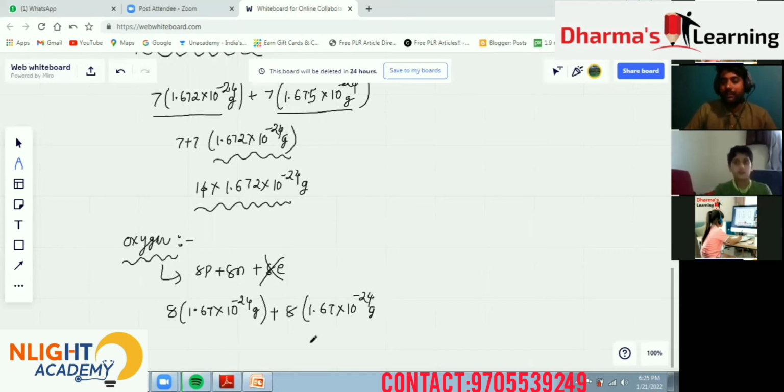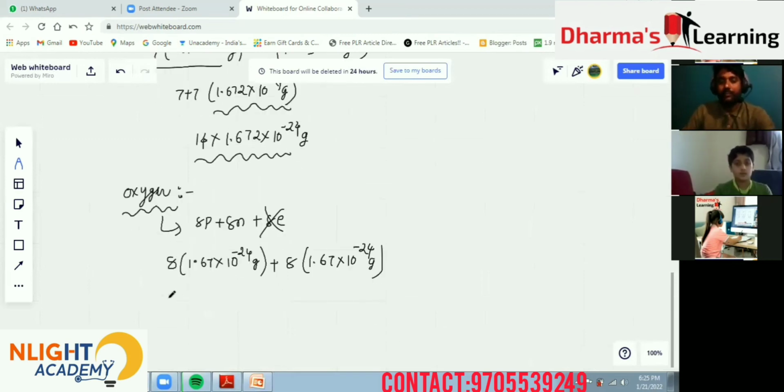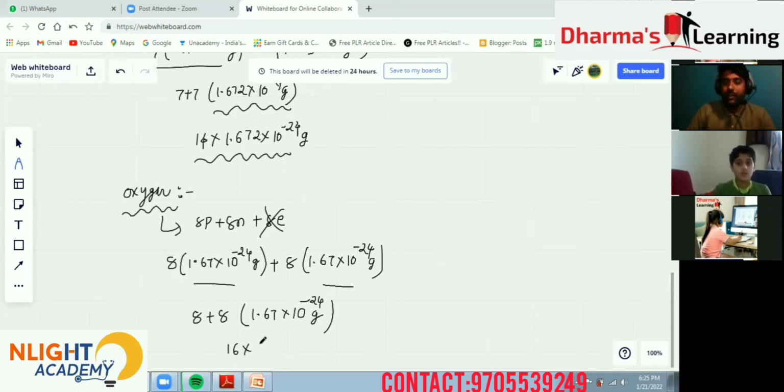Here we have 8 twice, so we take the larger number as common because adding these two is complicated. So 8 plus 8, and taking 1.67 into 10 to the power of minus 24 grams as common, we get 16 into 1.67 into 10 to the power of minus 24 grams.